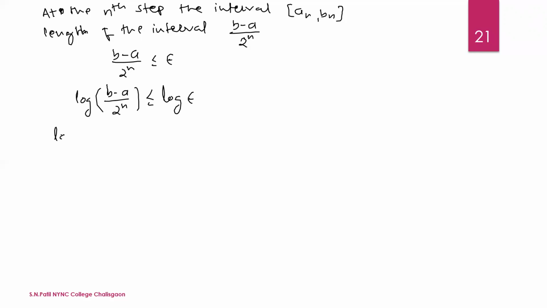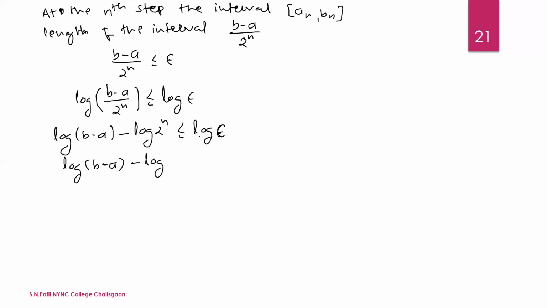So it can be written as log of (b minus a) minus log of 2 raised to n is less than log of epsilon. Now we want n. Put log of 2 raised to n on the right-hand side. So it can be written as log of (b minus a) minus log of epsilon is less than log of 2 raised to n.